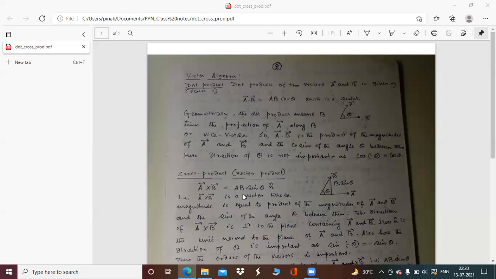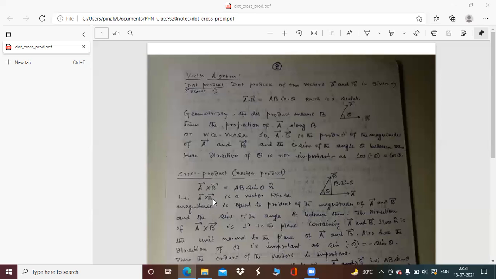Now here this a b sine theta part is actually giving us the magnitude of a bar cross b bar, and this unit vector n cap gives us the direction of the cross product a bar cross b bar.